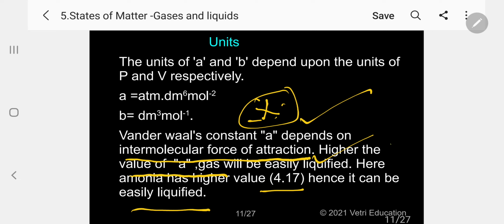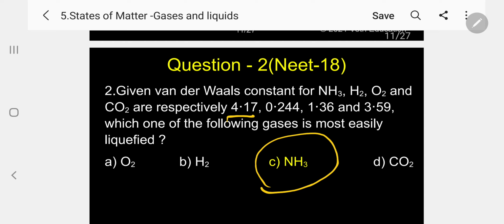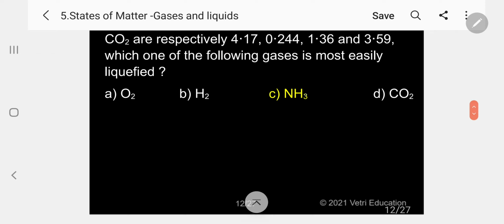So this is the trick, you have to keep it in your mind. Just see here, among these what are the values? Ammonia 4.17. That is the correct answer. So what you have to memorize? Whatever gas has higher van der Waals constant A, that gas can be easily liquefied.